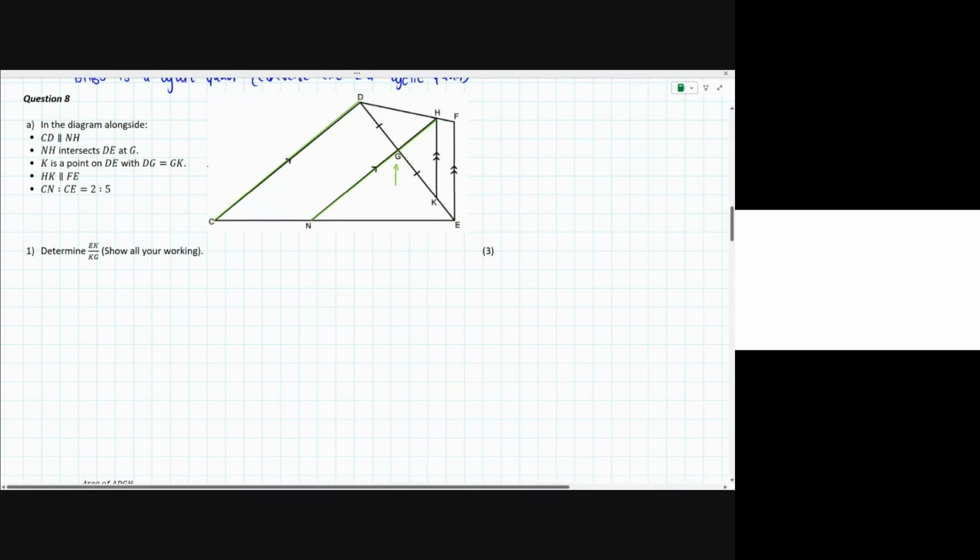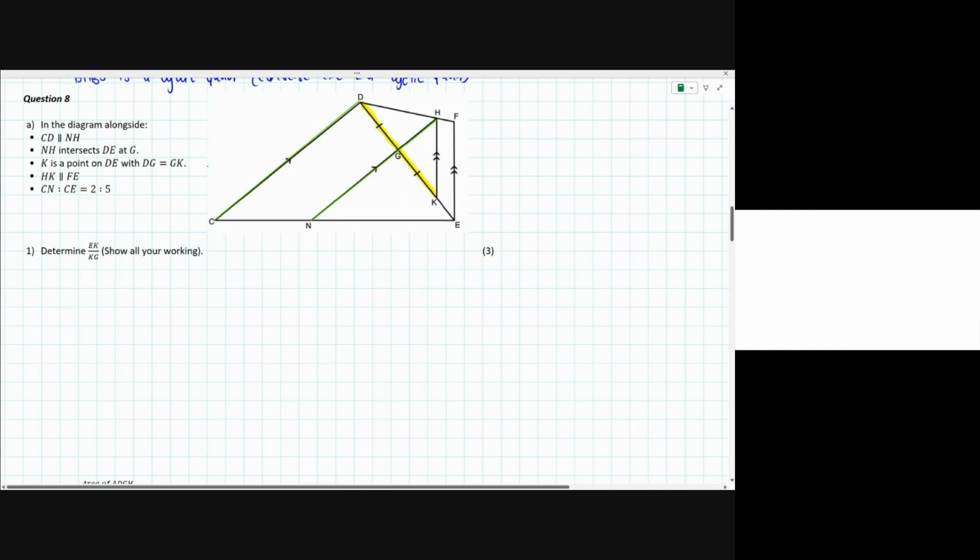It's just a point of intersection. K is a point on DE with DG equal to GK. Okay, so that has been given to me on my diagram, but I'm just going to highlight for myself. So DG is equal to GK.